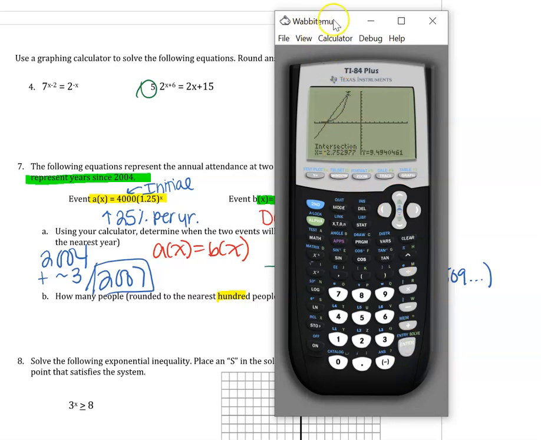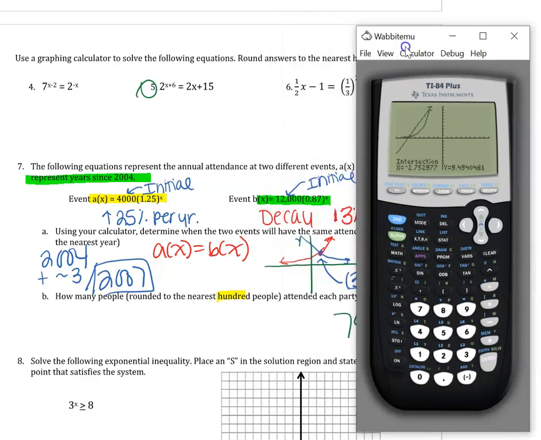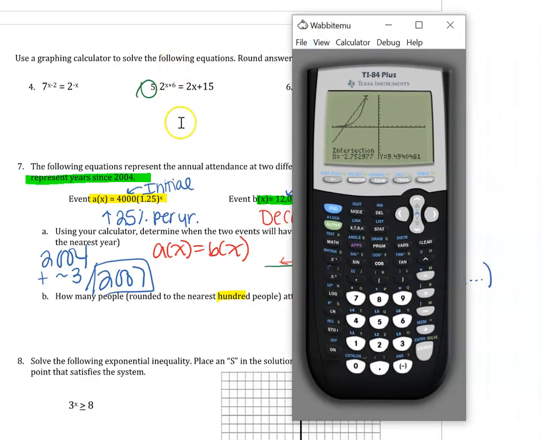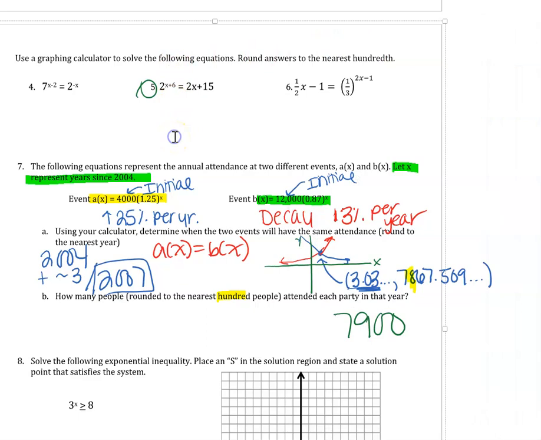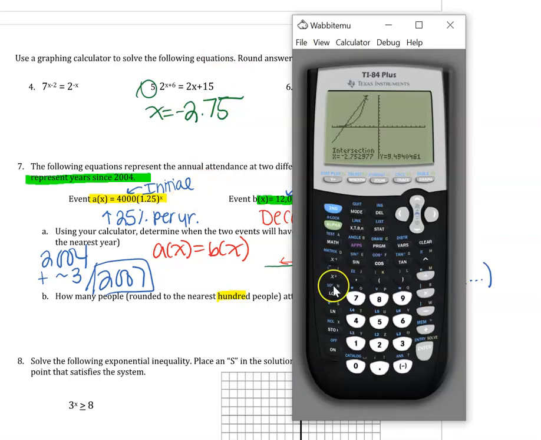So my first intersection, to solve for x, to the nearest 100th, is negative 2.75. Second trace, option 5. Enter, enter. Now guess is where it's important. Move it to the other intersection.